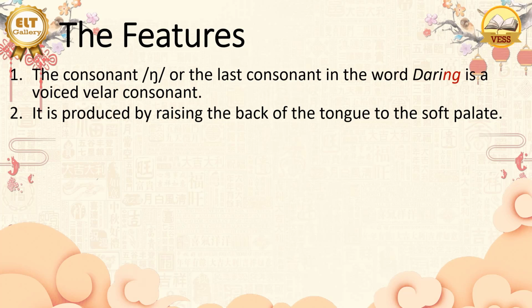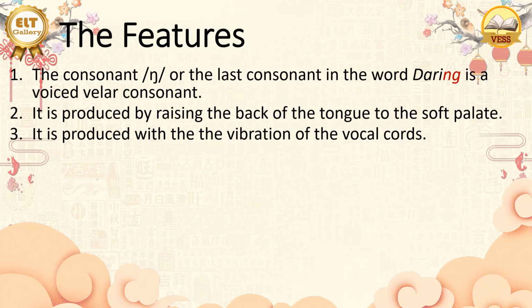It's a nasal consonant. The air goes through the nose. You can close your mouth and say that's the sound. And then it's a voiced consonant, meaning that it is followed by the vibration of the vocal cords.